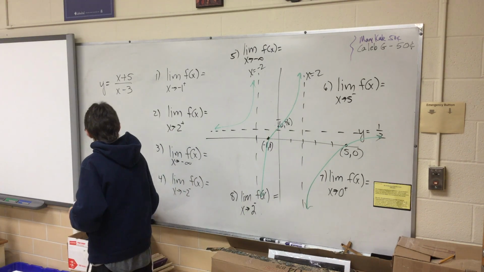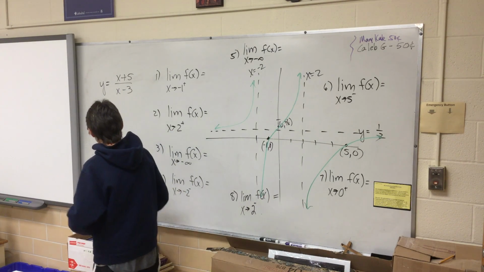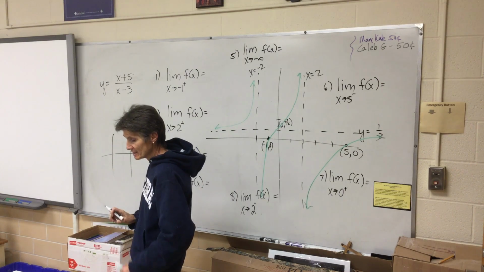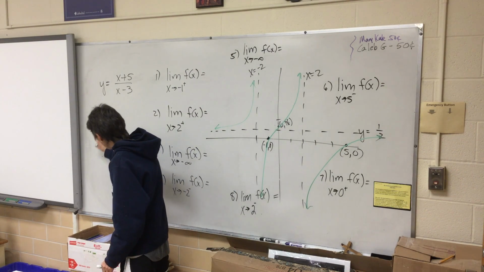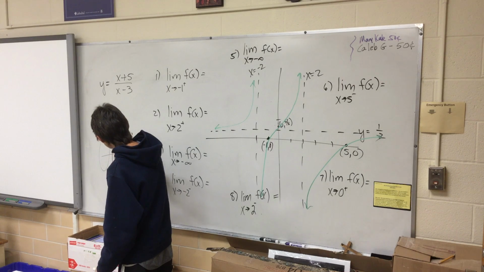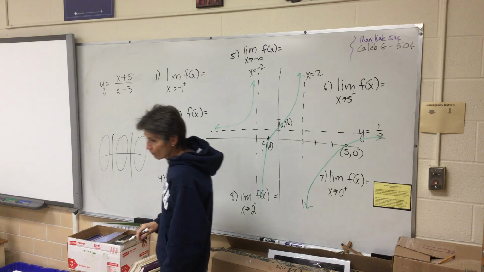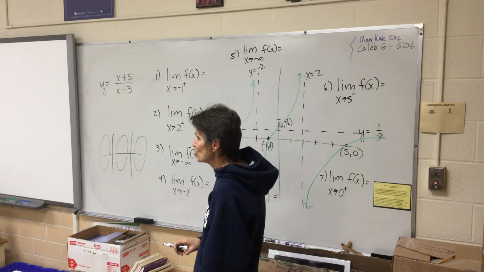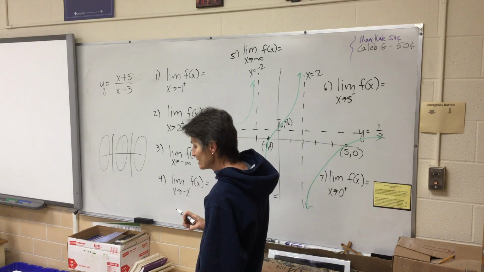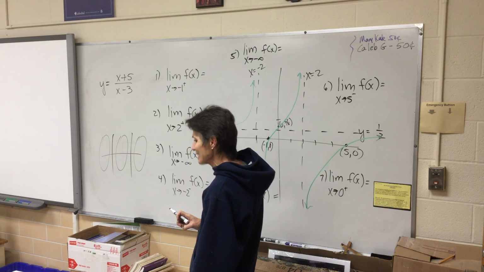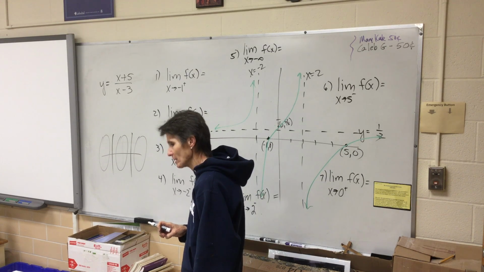I have 2 vertical asymptotes and a horizontal asymptote. That's my picture. No axes or anything. There's going to be something over here, something here, and something here. Your vertical asymptotes divide your space up into sections, and every section must have something drawn in it.